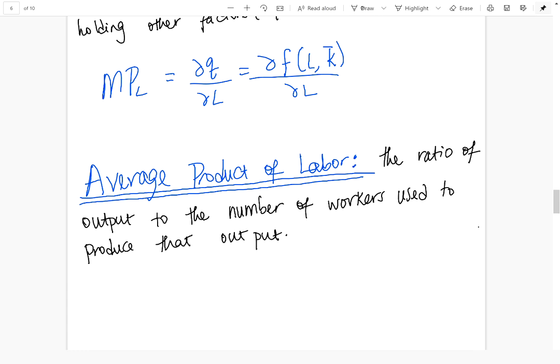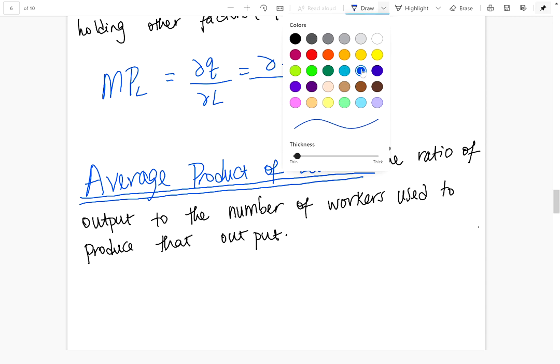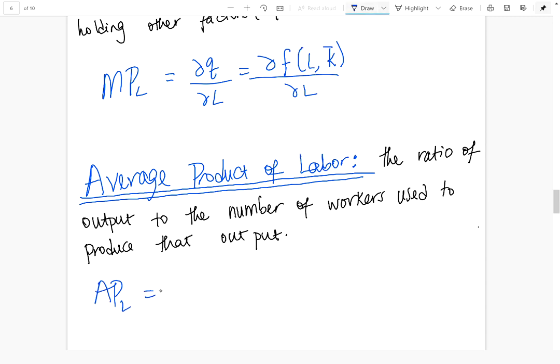So APL here is total quantity produced divided by labor. That is, if for instance everybody together produced 100 units and there were 10 people, then on average each person produced 10 units per person.